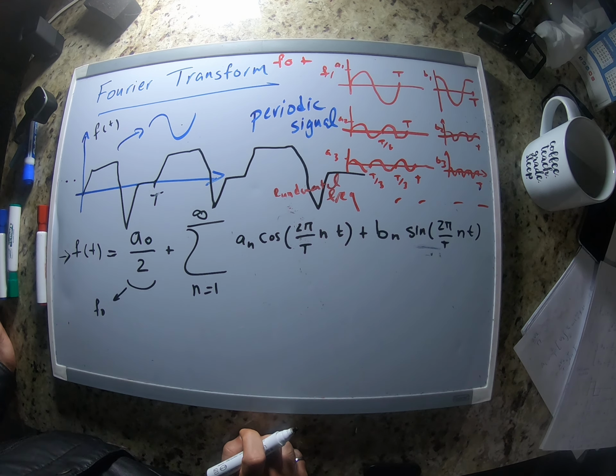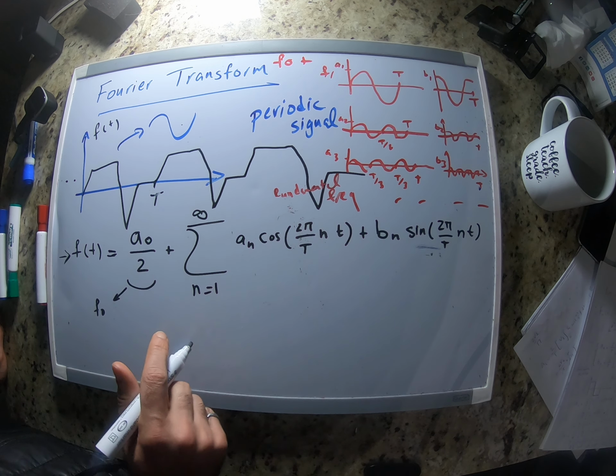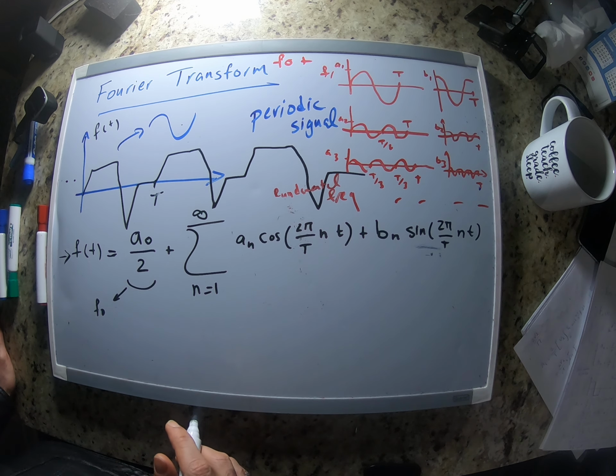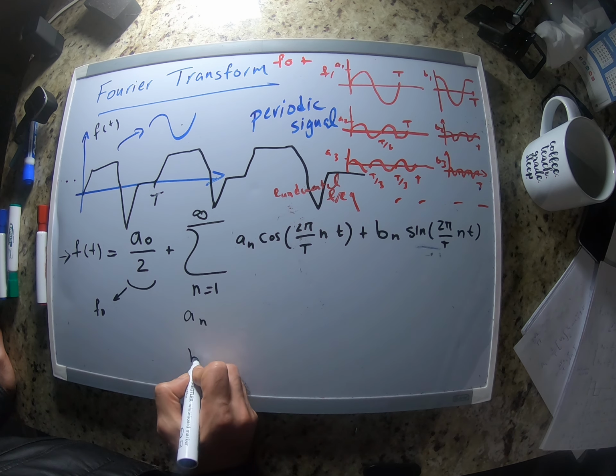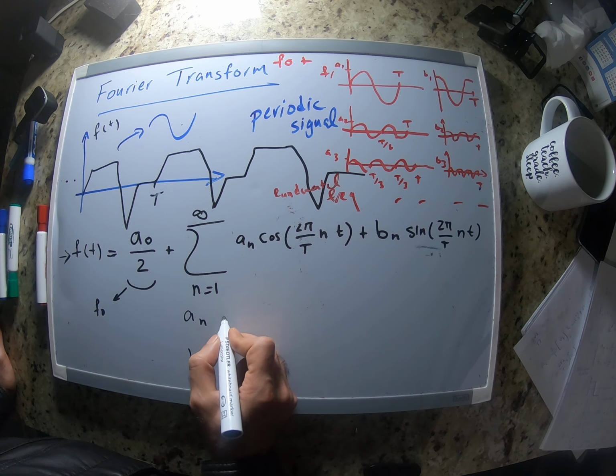Okay, and the formulas for An's and Bn's are basically given as such.